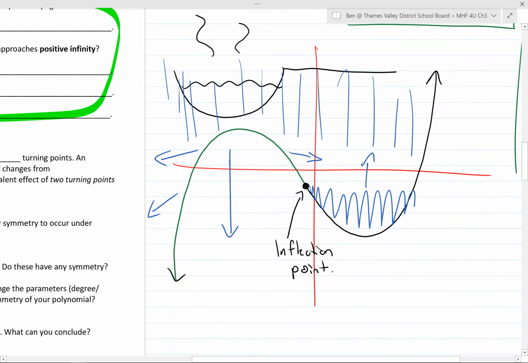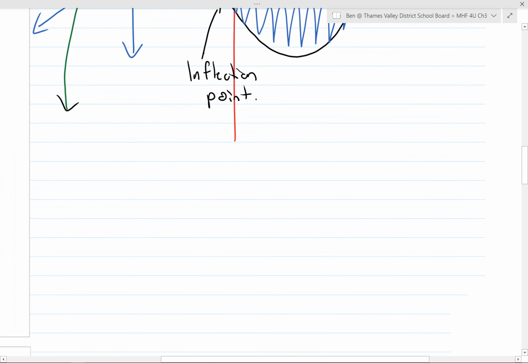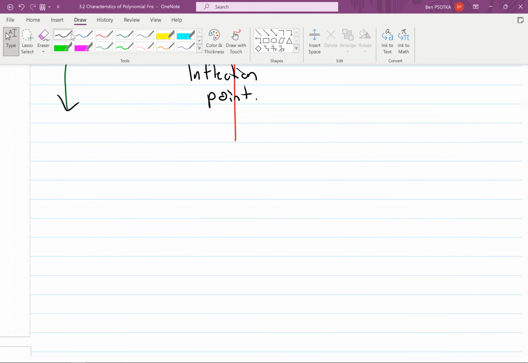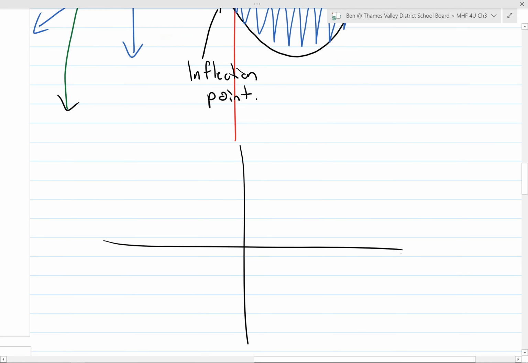Now, an inflection point. If we're going back to talking about the maximum number of turning points that a function can have, an inflection point is actually what happens if two turning points get too close to one another. An inflection point can, if our slope comes to 0, so let's give ourselves another sketch here.